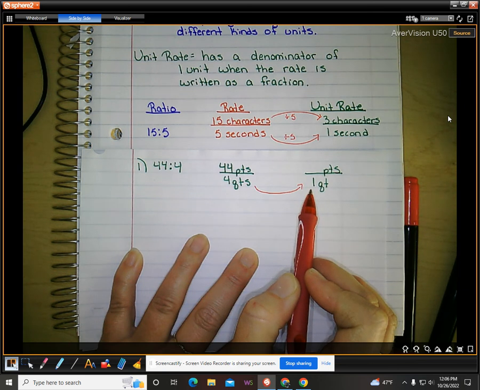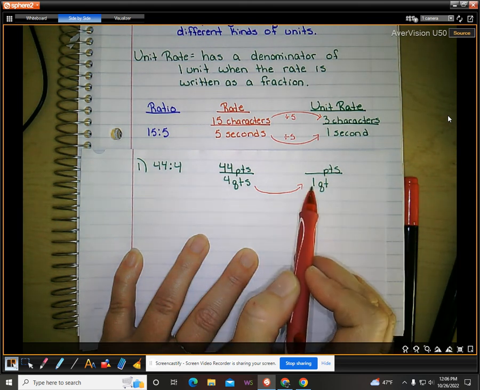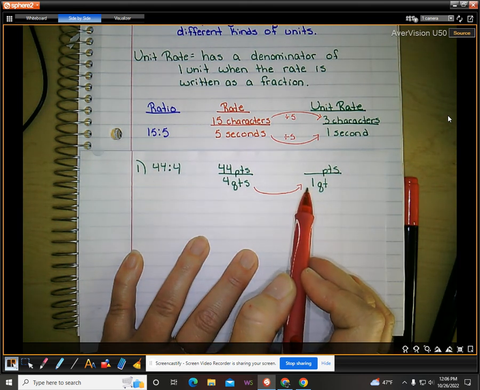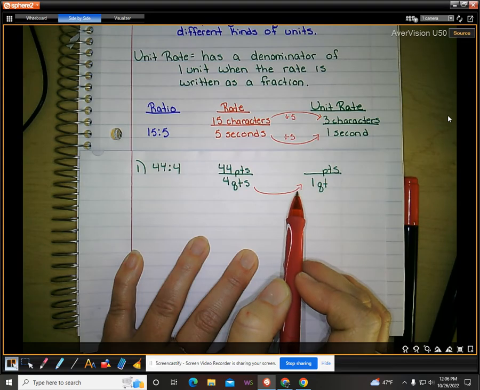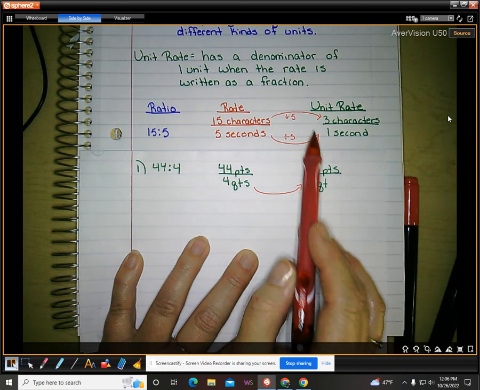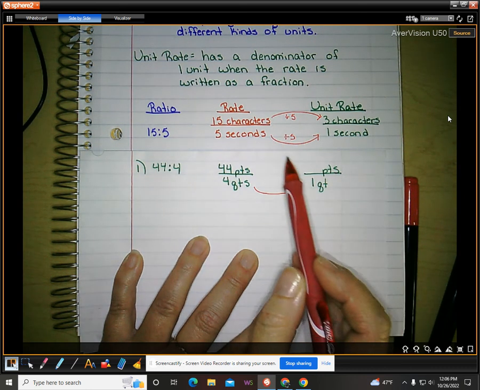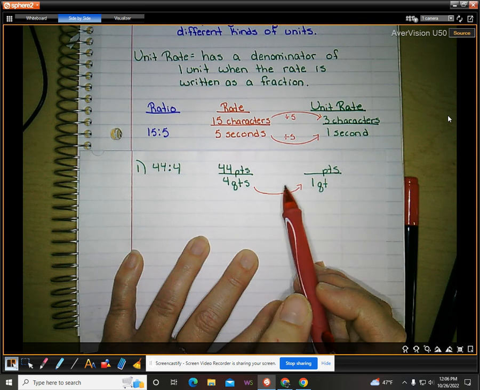If it's getting smaller, you're either dividing or subtracting, and I promise we're not subtracting. What do we do to 4 to turn it into 1? Look at my example above if that helps. Look and see what we did up here. That should help you figure out what we're going to do down here. That's why we do examples.